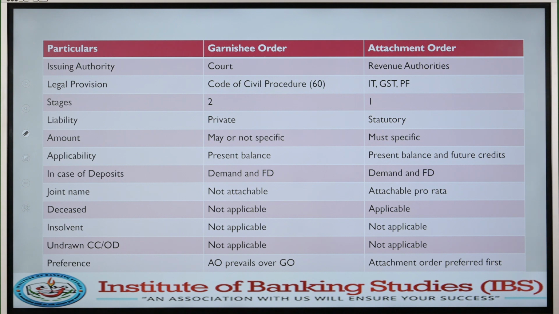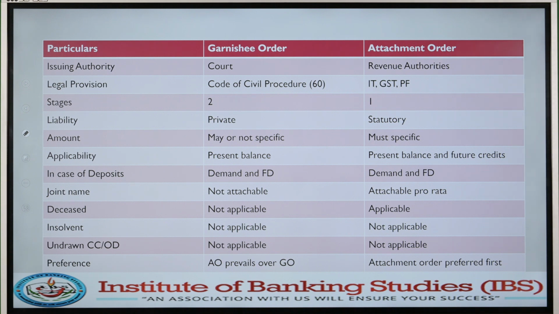In the case of an attachment order, it can be applied to a joint account also, on a pro rata basis. A garnishee order is not applicable to deceased accounts, but an attachment order is applicable. A garnishee order is not applicable to an insolvent account. Similarly, an attachment order is also not attachable in an insolvent account.